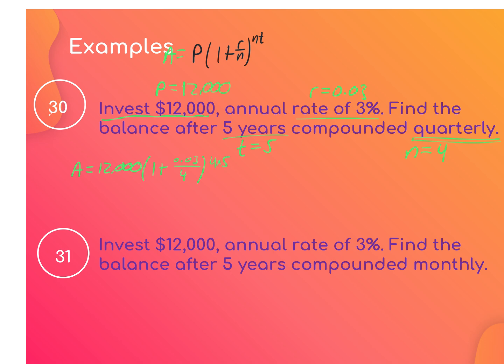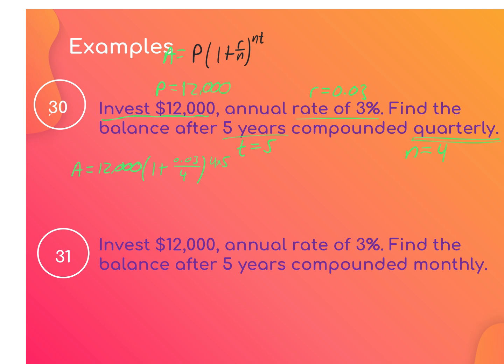Now take a minute and try to plug this into your calculator. On the test you won't get a calculator, but we won't ask you problems where you have to find the value. We'll probably just ask you to set up the formula, or if we give you a calculator section, it'll be a separate page where you can use a calculator. You'll know more about that closer to the testing day.